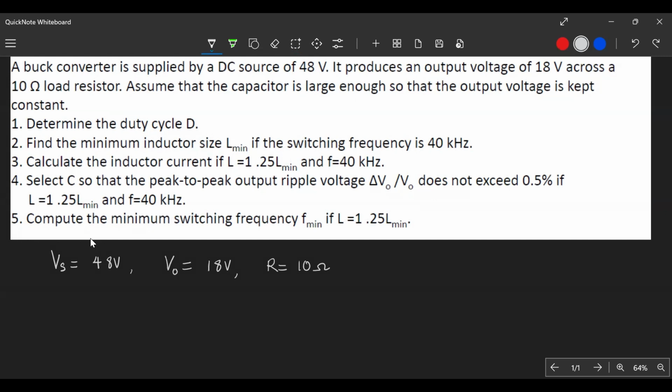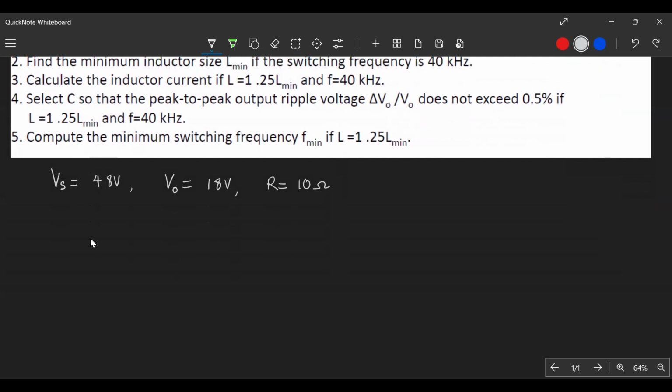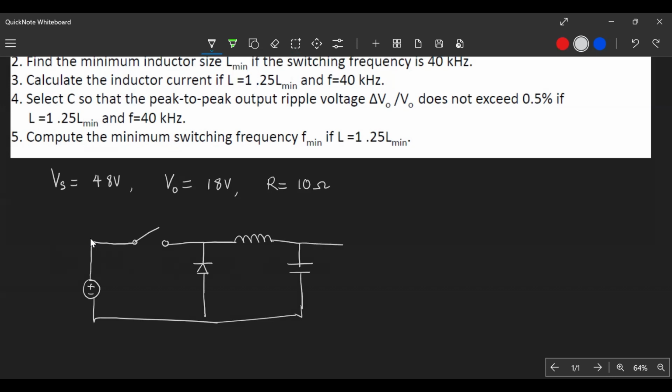The first part of the question says you have to find the duty cycle. Just a reminder, remember how the buck converter looks. You have a DC source, and then you have a switch, and then a diode, an inductor, and the capacitor, and then we have the load connected here.